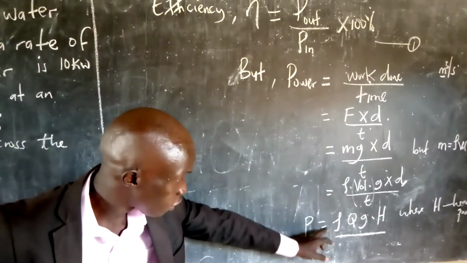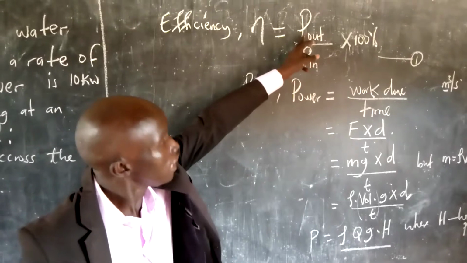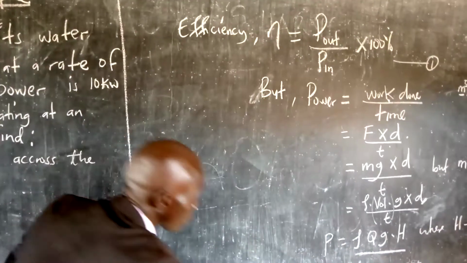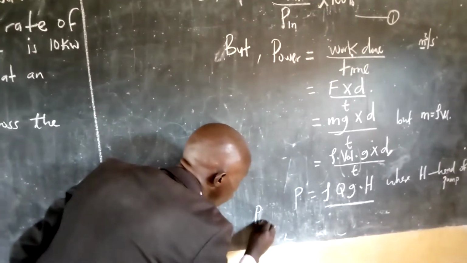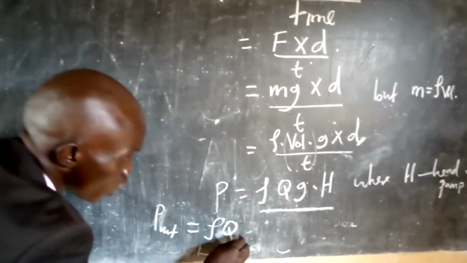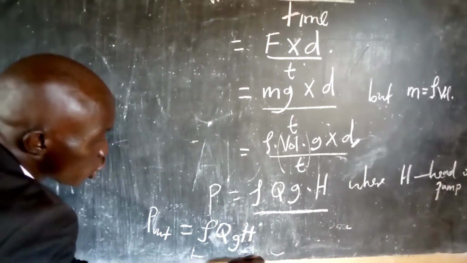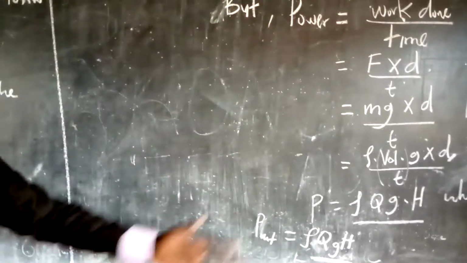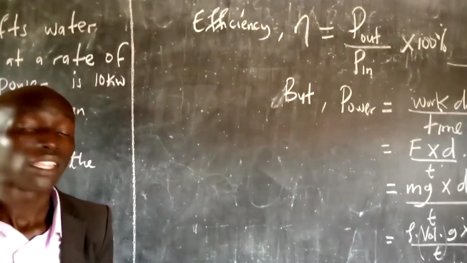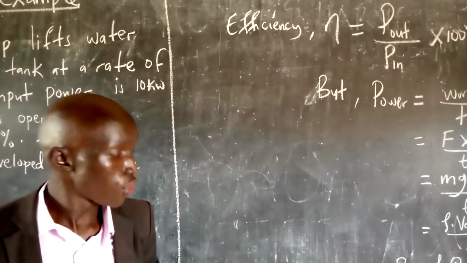I pick all this formula and place it inside here in the pump output. So in summary, the power output of the pump is density times the discharge times g times h. You get? So there's no need of cramming, because I will derive for you every formula step by step and you understand it. So this is the power output.